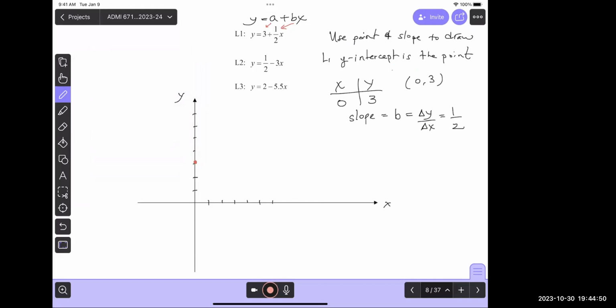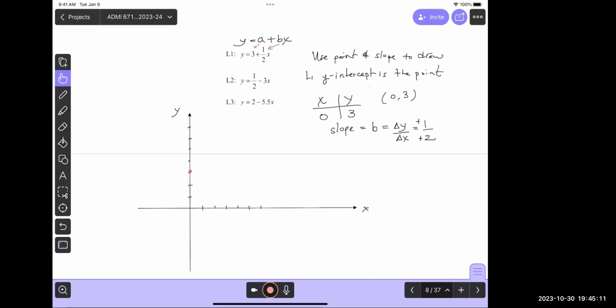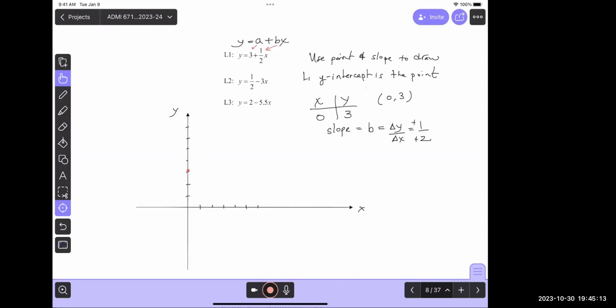So what it means is if I move off the line by 2 to return to the line, I have to go up 1. So x is in the horizontal and y is in the vertical.